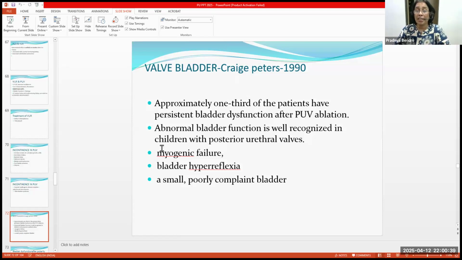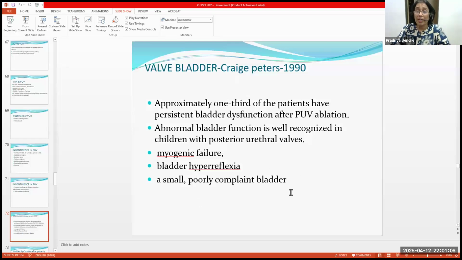Valve bladder, there are three types which are described by Craig Peters. It is supposed to start with bladder hyperreflexia, which is a thick bladder, an overactive bladder, which as it ends in decompensation forms the flaccid bladder, myogenic failure. And poorly compliant bladders are the bladders where multiple infections have taken place and the bladder becomes non-compliant.